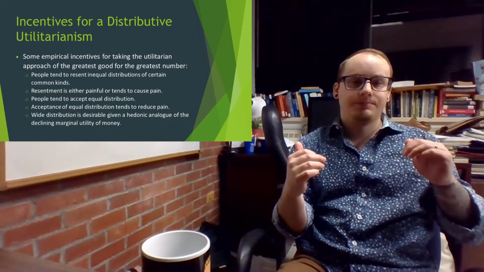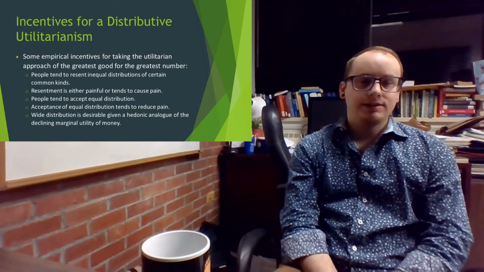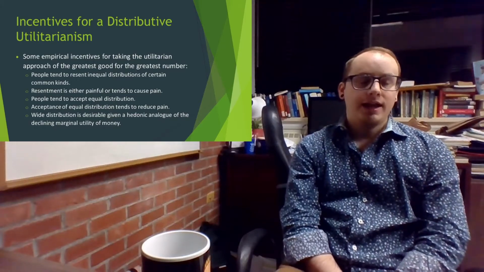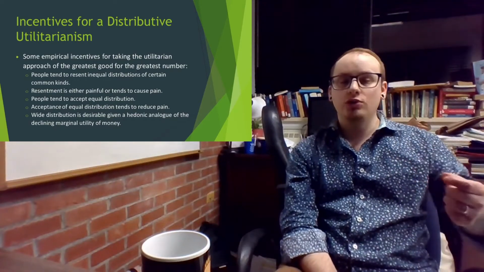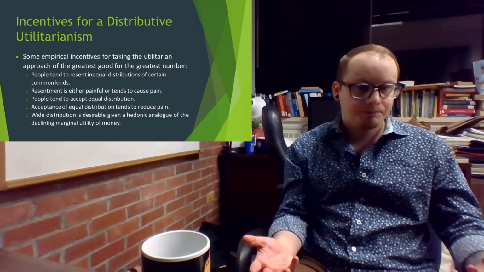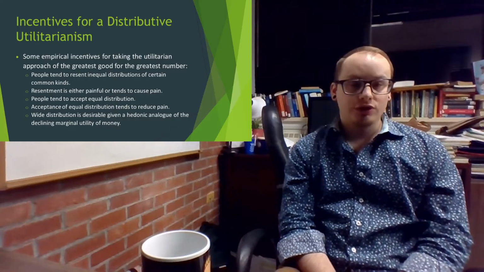Second reason of why you might have this incentive is that resentment is either painful or it tends to cause pain. And if the first reason is true, then according to the second reason, well, we don't want to promote pain. The third reason is that people actually then tend to accept equal distribution.